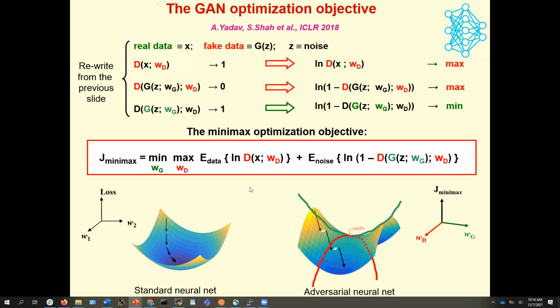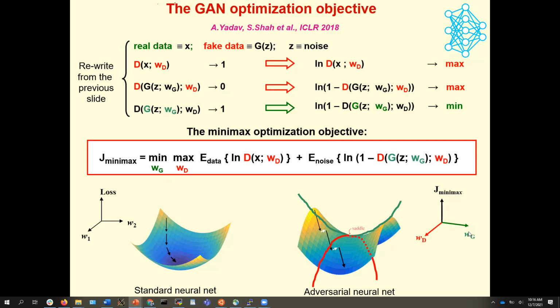We have 2 sets of weights, not 1, the weights of the generator and the weights of the discriminator. When we try to minimize this criterion with respect to generator weights, that means we fix the discriminator weights. Fixing discriminator weights means that we will stay within a hyperplane which is perpendicular to this red axis, but we will move in this plane.